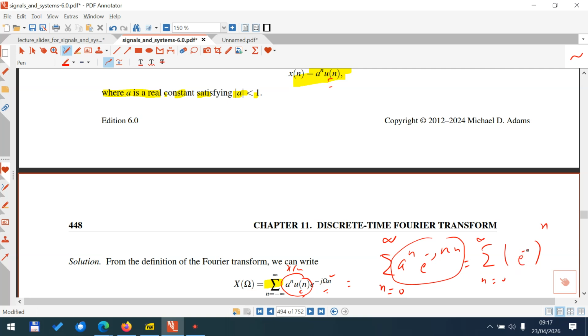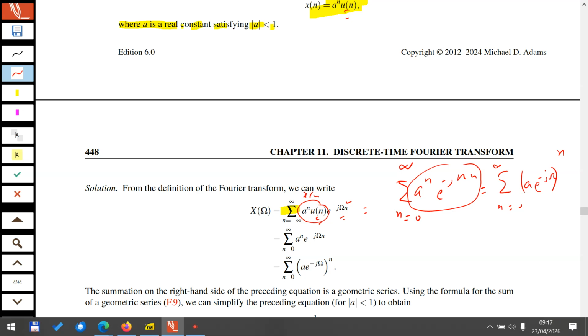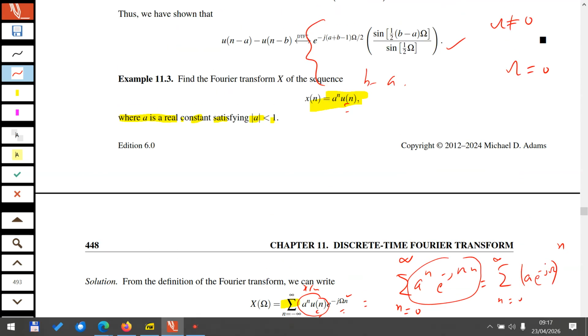Of course, we need that exponential minus j capital omega like before. And here we need a, right? So now this is what you had for z before, right?